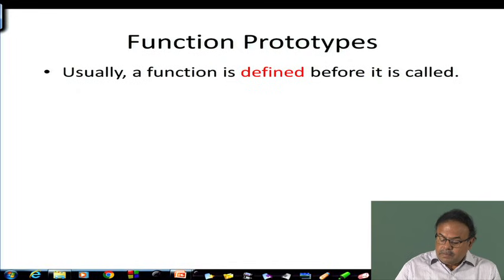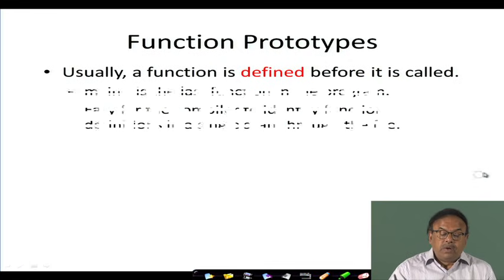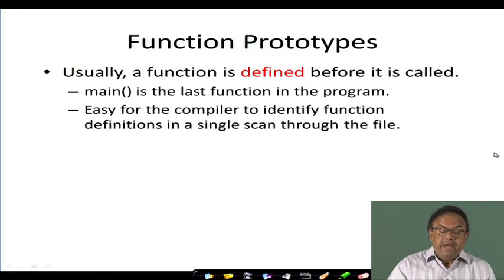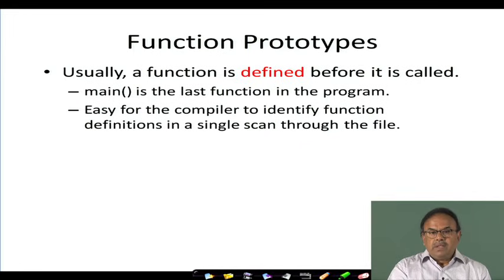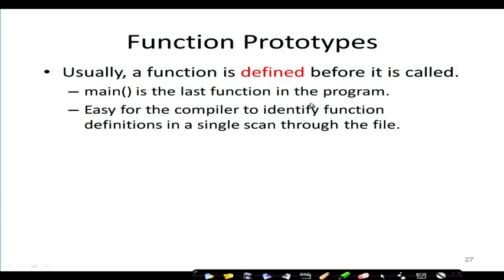Now, but always that is not done. If I define the functions first, the functions that I am going to use, I have thought about that, I have designed them. So, first I write those functions, and after that I write the main function. In that case, main is the last function in the program.